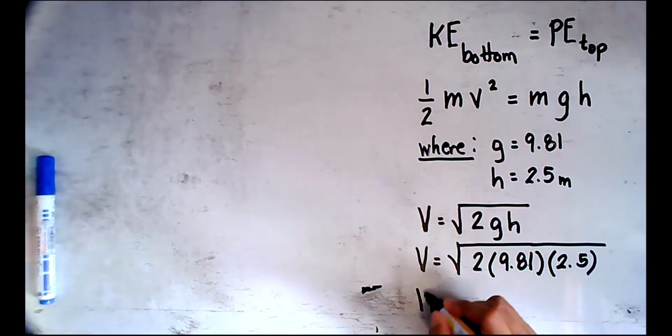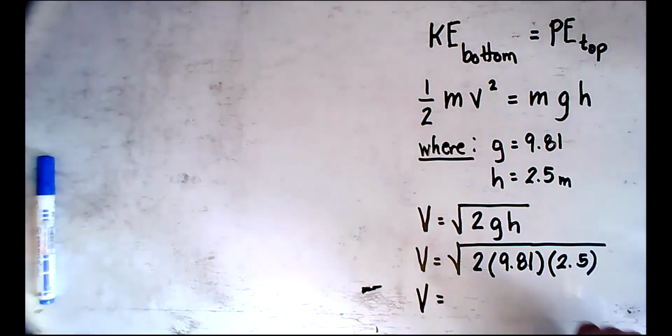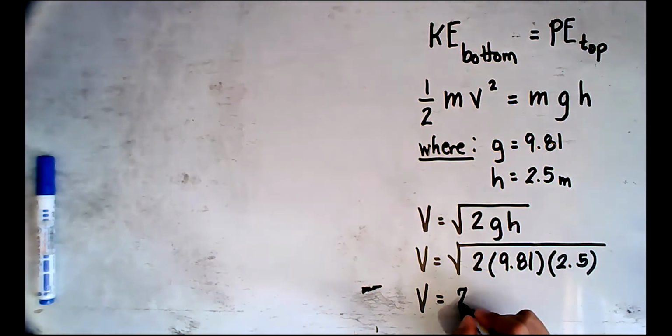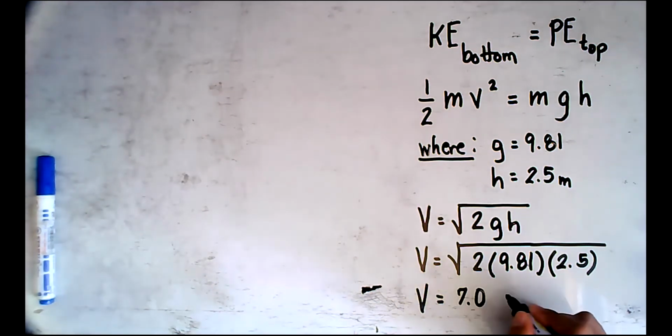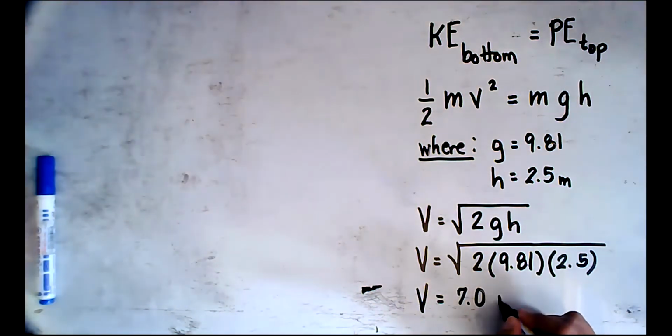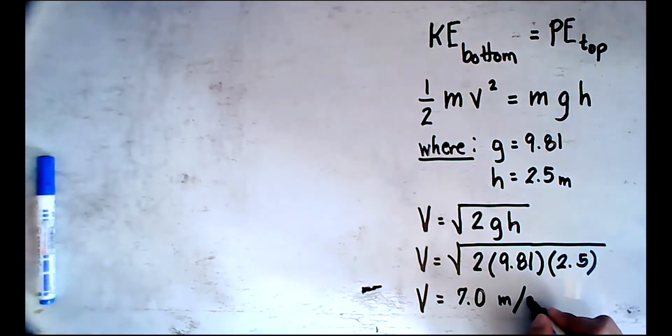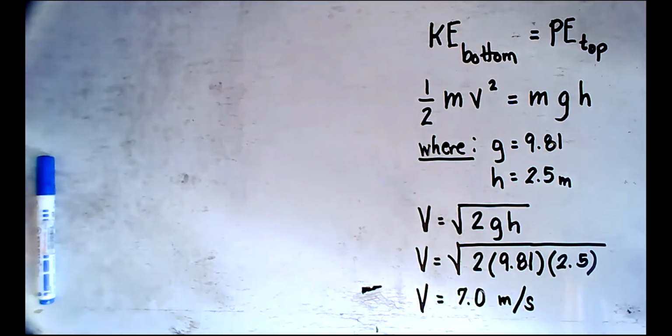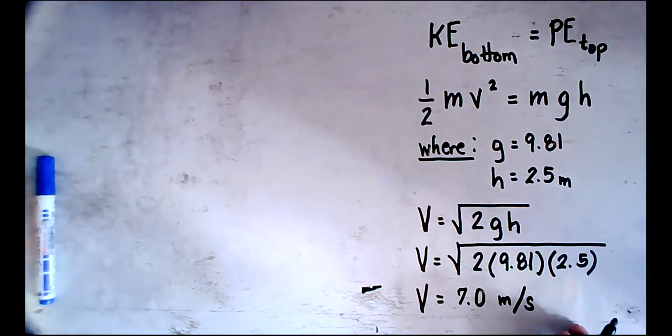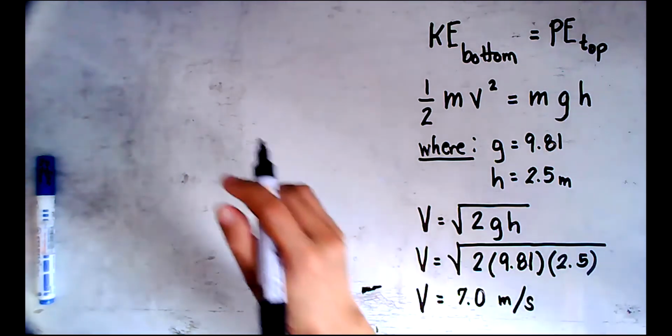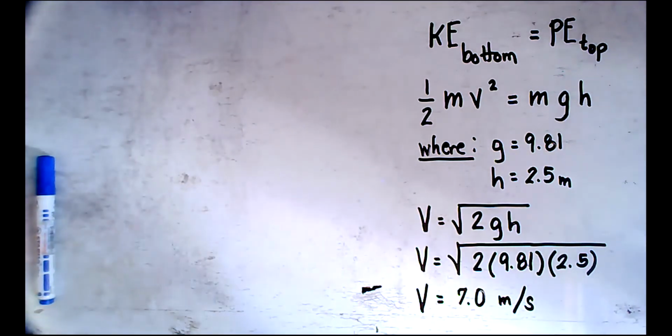By calculation, the velocity that we will have is 7.0 meters per second. Why do we have to determine the value of this velocity? We can use it in determining the volume of water that will come out in a minute.